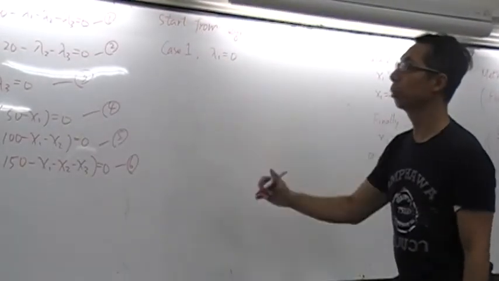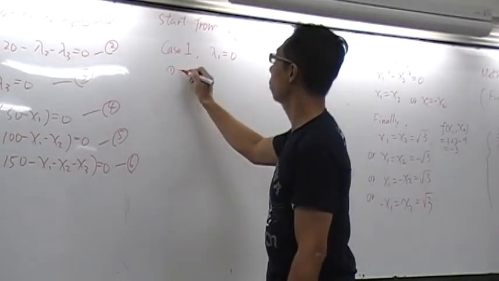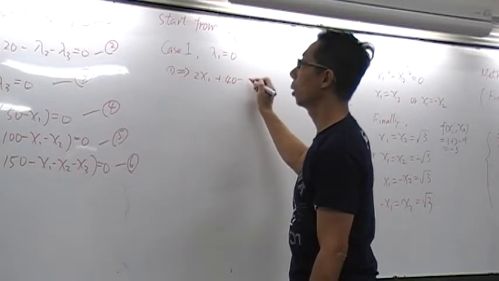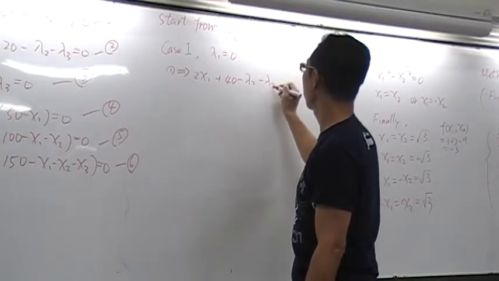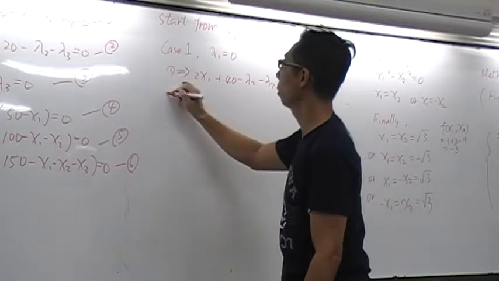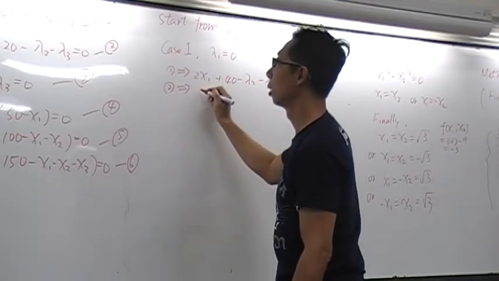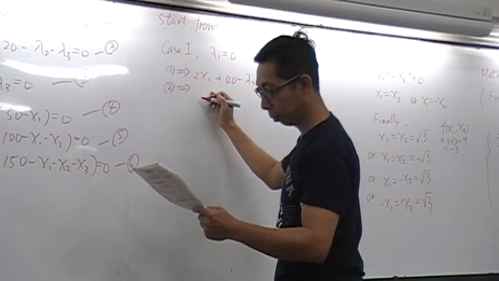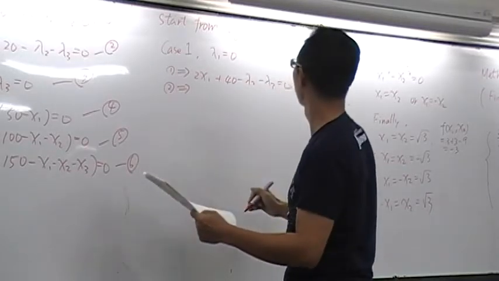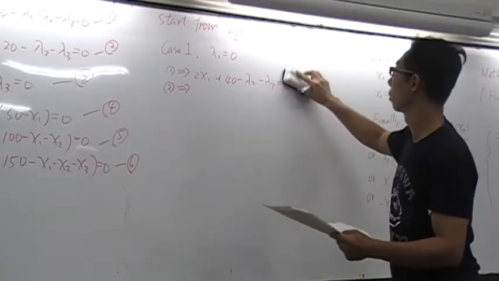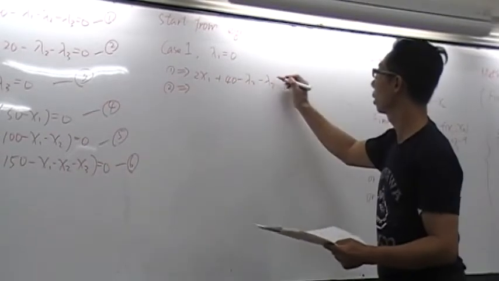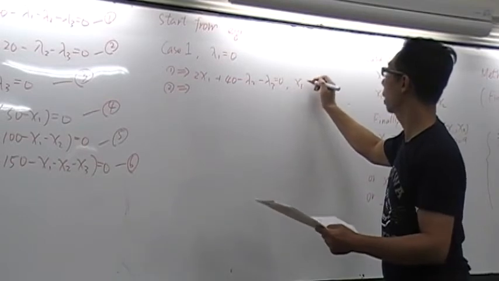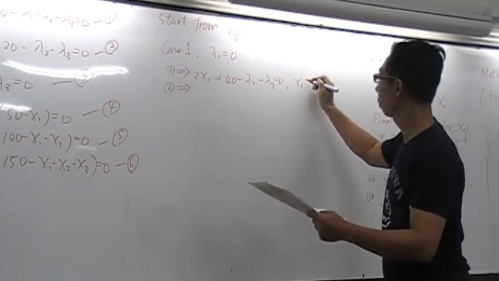So when lambda 1 equals 0, we know that equation 1 now becomes 2x1 plus 40 minus lambda 2 minus lambda 3 equals 0. Okay, so this is equal to 0, and over here we can solve for x1, okay?